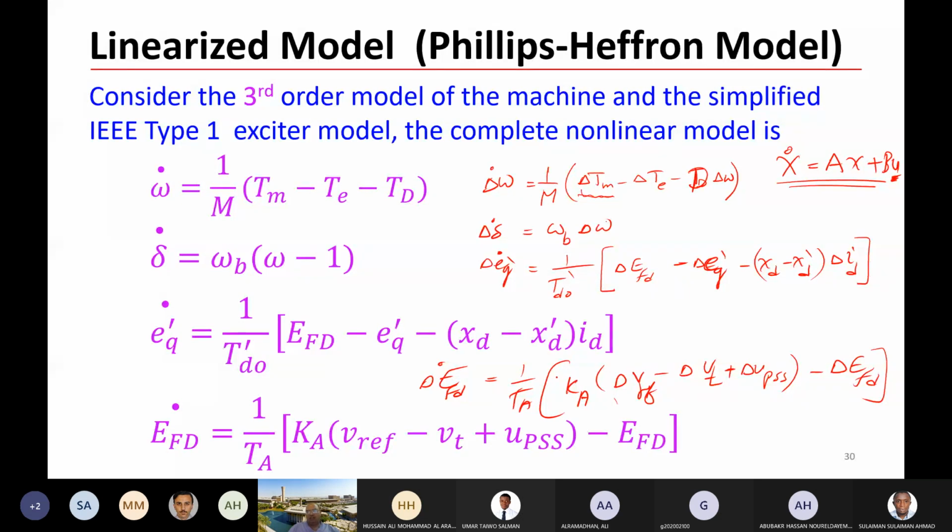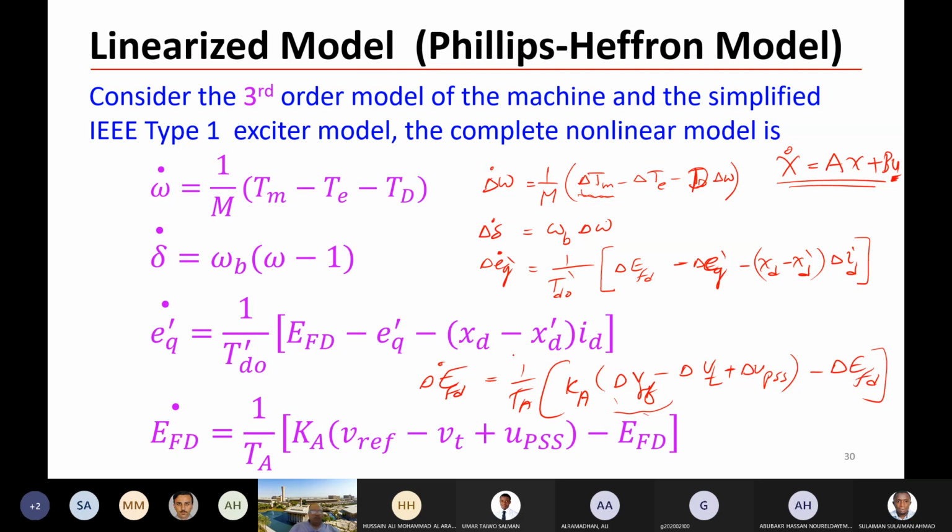It is kept constant unless you disturb the system through these parameters, and you need to change the mechanical power. You need to increase it by 10%, or you need to change the terminal voltage by 10%. So you apply here a 10% step in V reference or a 10% step in mechanical power.